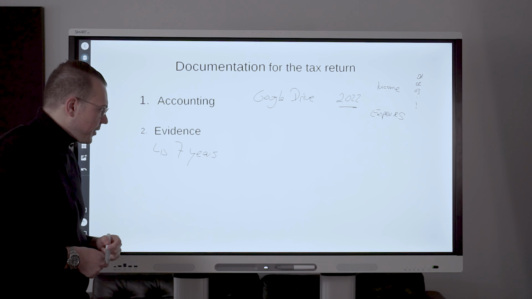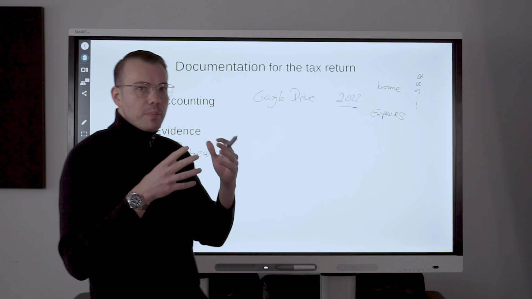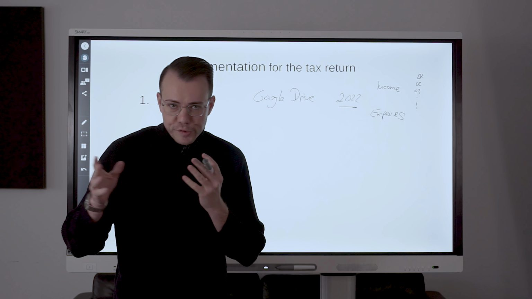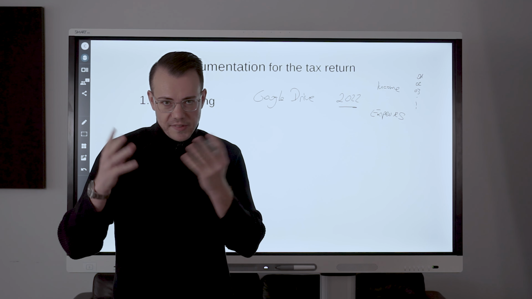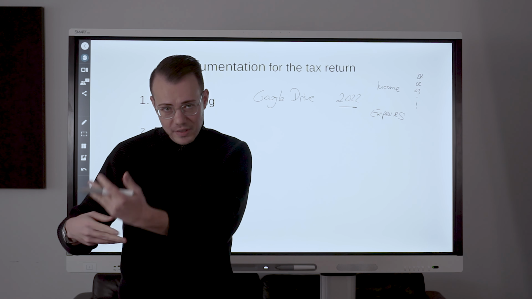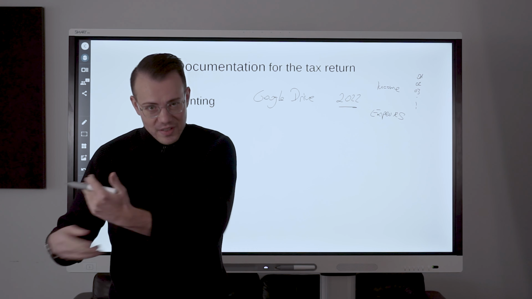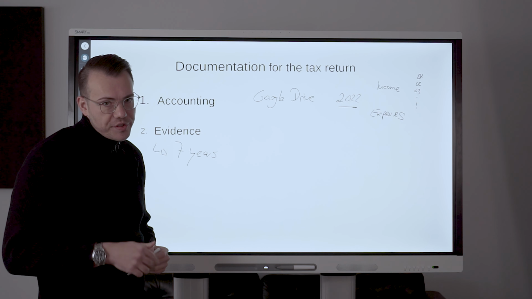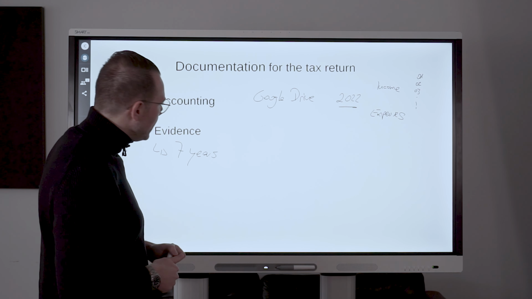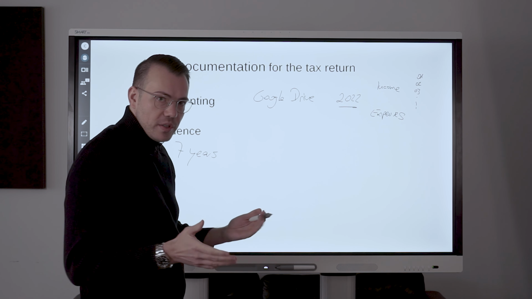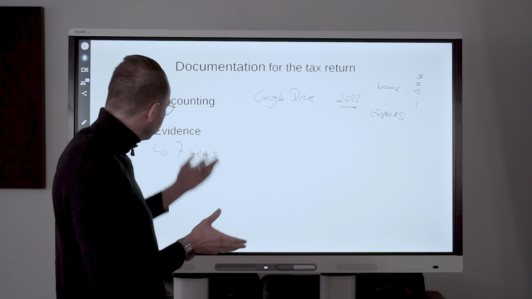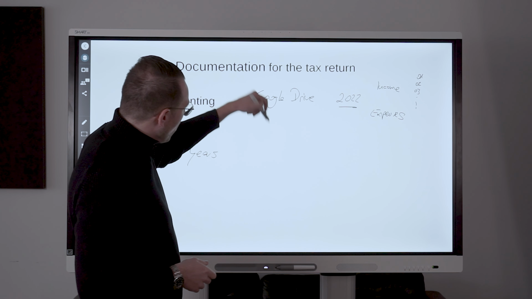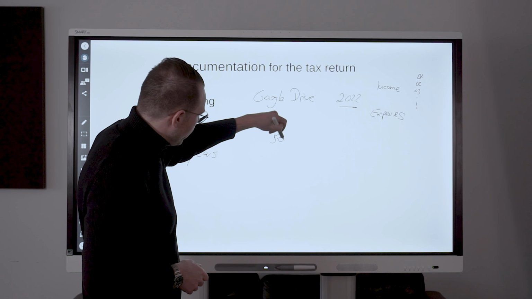Now, evidence. You always need proof that you had a certain income, or let's say as a freelancer that you had a certain invoice which generated you income, and also evidence for all the costs you had. It's pretty easy if you had any cost position. So let's say you bought a book, How Do I Become a Better Software Engineer?